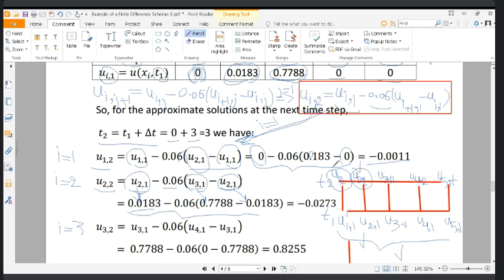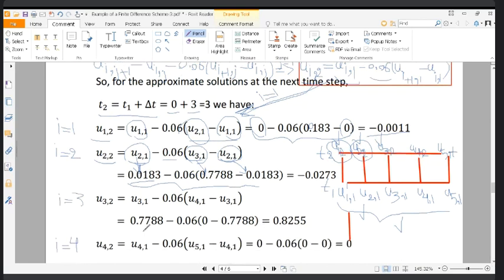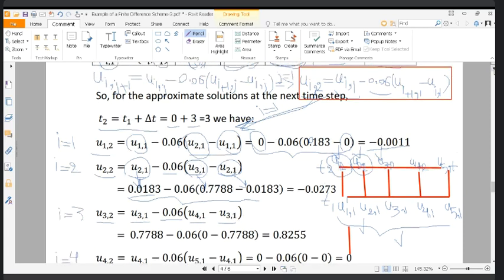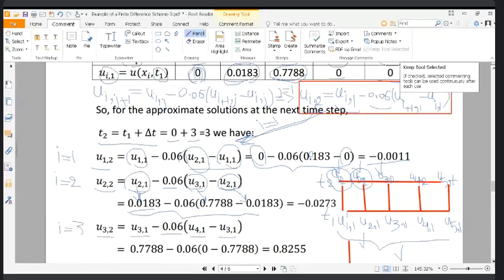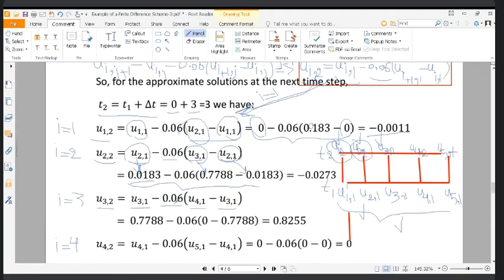Now we know the values of u1,2 and u2,2. Then we compute the value of u3,2. The formula for u3,2 is u3,1 minus 0.06 (u4,1 minus u3,1). The values of u are again in the table above, and we should replace them. u3,1 is 0.7788. u4,1 is 0.